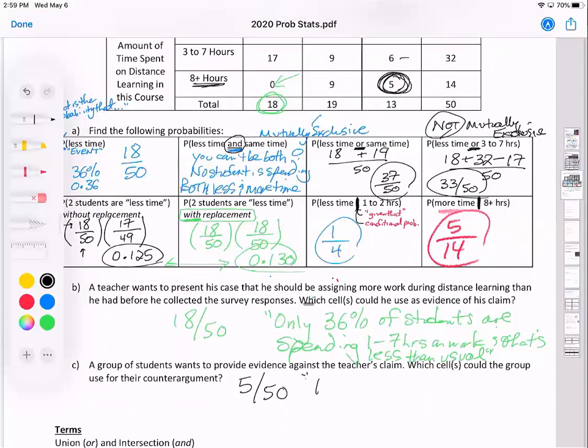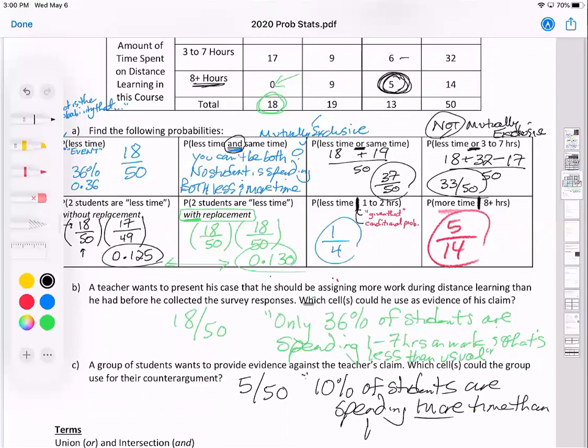So maybe our claim would be, hey, 10% of students are spending more time than before, like 8+ hours a week. This is way too much. So that's just looking at the table and assessing a claim, trying to find a counter argument, things like that.